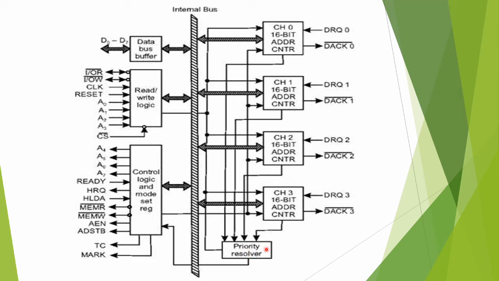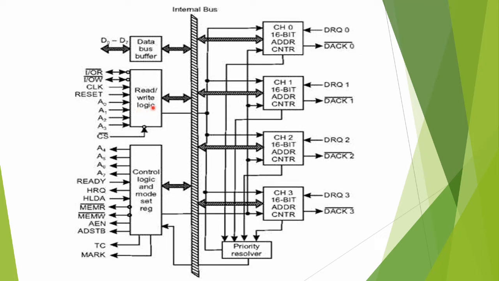So there is a priority resolver, and there is a control and logic mode set register. These are the control signals A4 to A7. Thereafter ready, hold request, hold acknowledge, memory read, memory write, address enable, address strobe, terminal count and mark. These are connected to the control and logic.